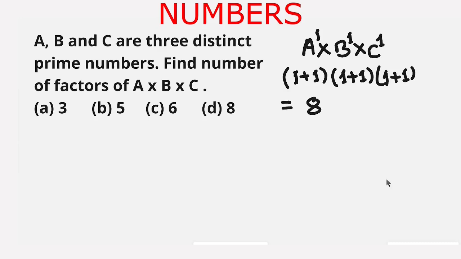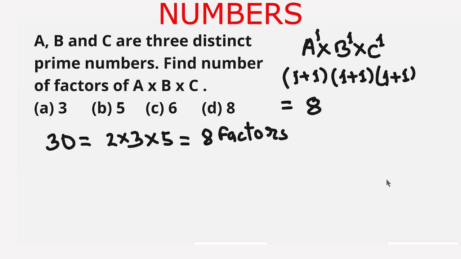For example, 30 has factors 2 multiplied by 3 multiplied by 5. These are three distinct prime numbers, and 2 has power 1, 3 has power 1, and 5 has power 1. So as shown above, it should have 8 factors.